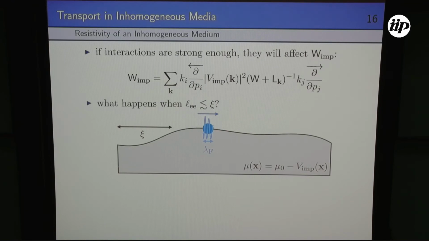In a more physical picture, what we're essentially asking is the following. We have some potential, some inhomogeneity, which is smooth on a length scale, which I'll denote as c. And keep in mind that this scale should always be very long compared to the Fermi wavelength. Okay? Otherwise, the kinetic approach just fails.